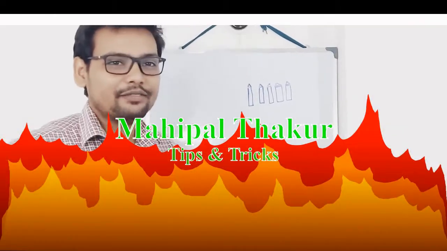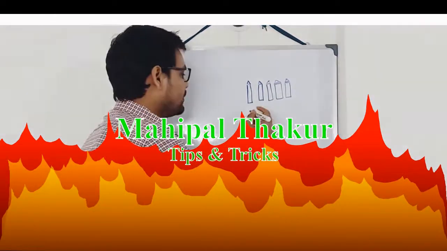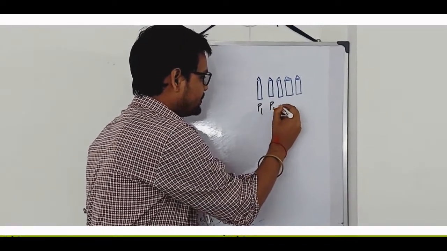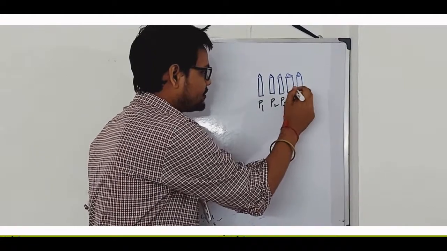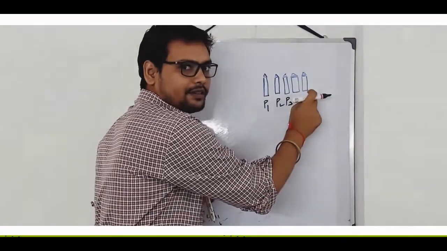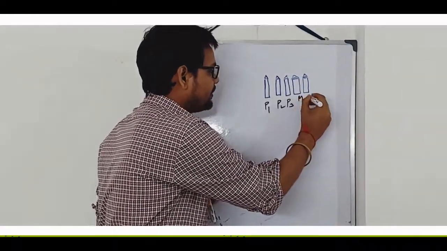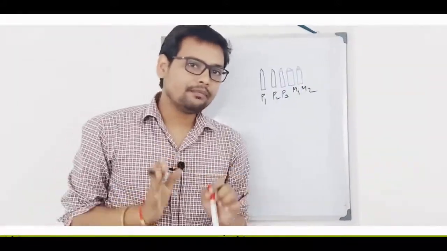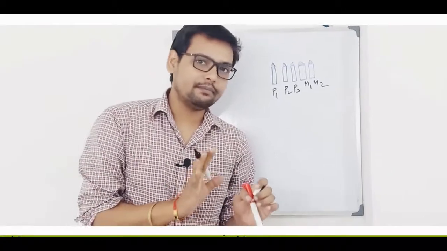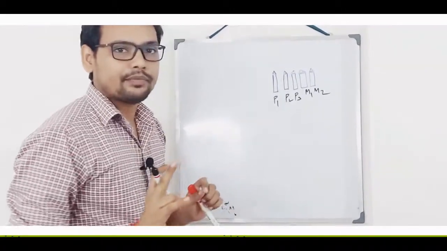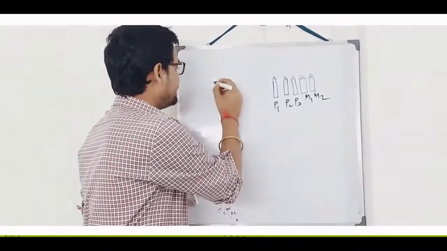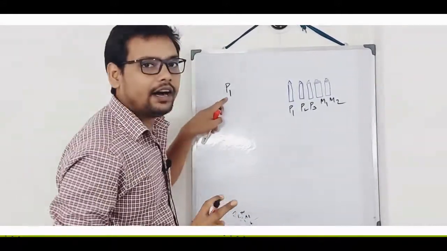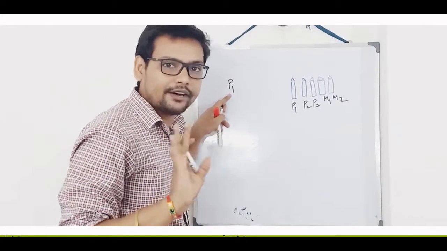Having picked the pen, we need to pick the marker. Suppose these pens are P1, P2, P3, and these two are markers, M1, M2. One way, one can pick the pen P1, and they need to pick a marker also.